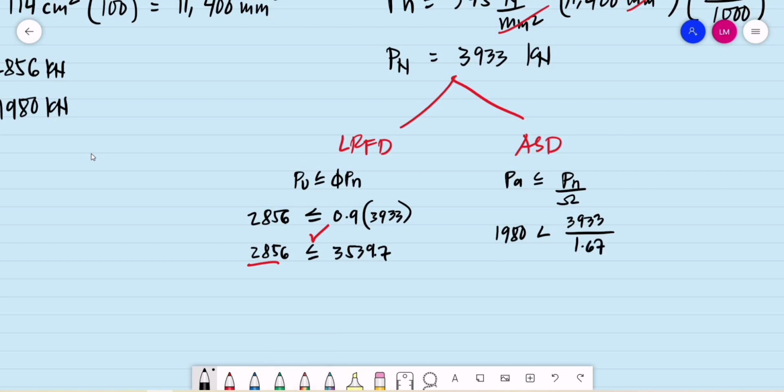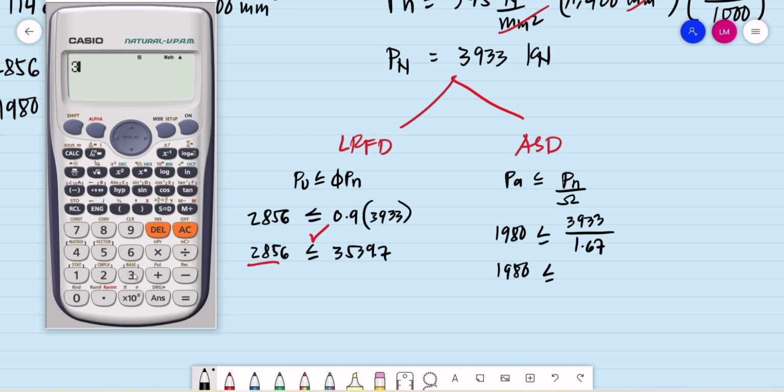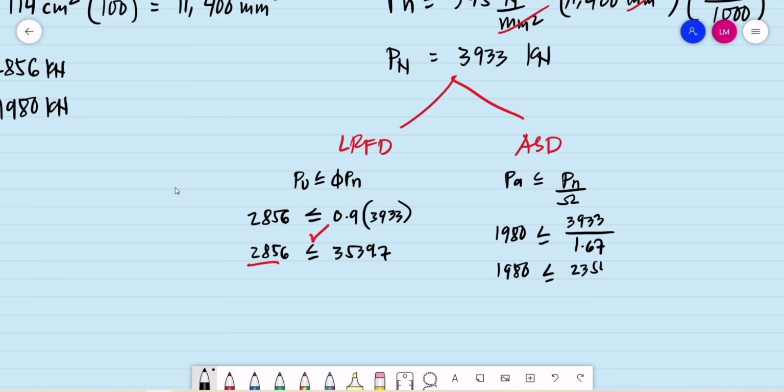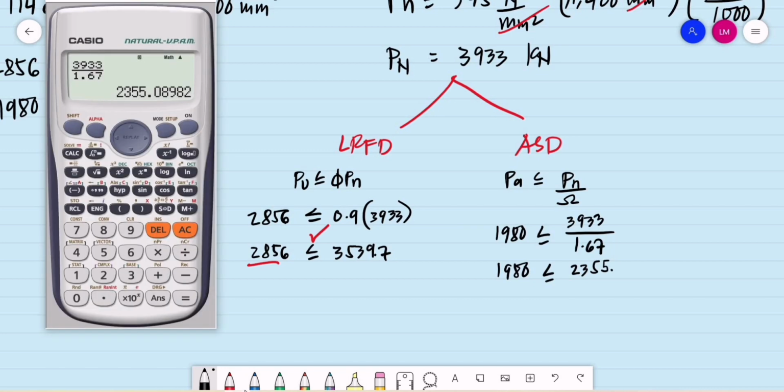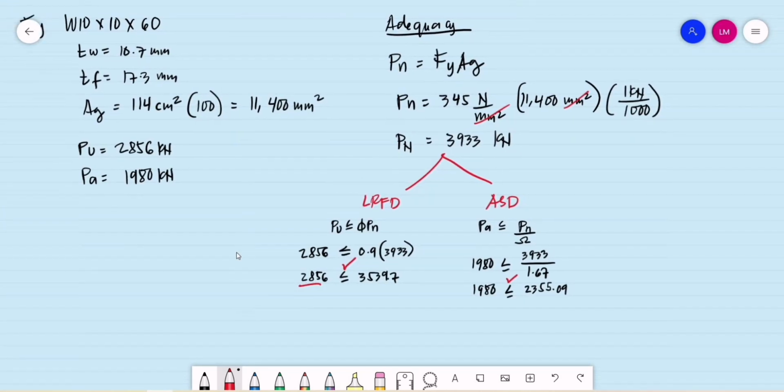So 1,980, is it less than or equal to 3,933 divided by 1.67, which is 2,355.09 kilonewtons. So it is also adequate and safe under ASD. So this is if you are considering the gross section yielding.